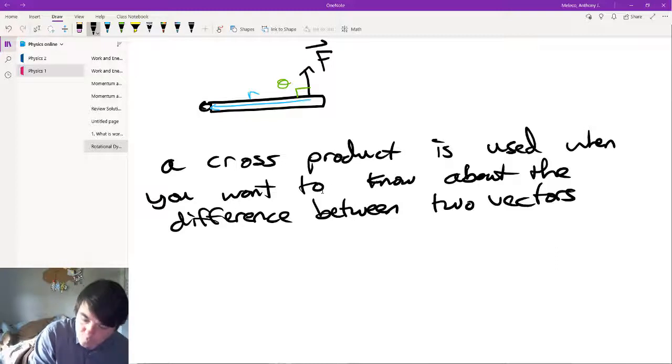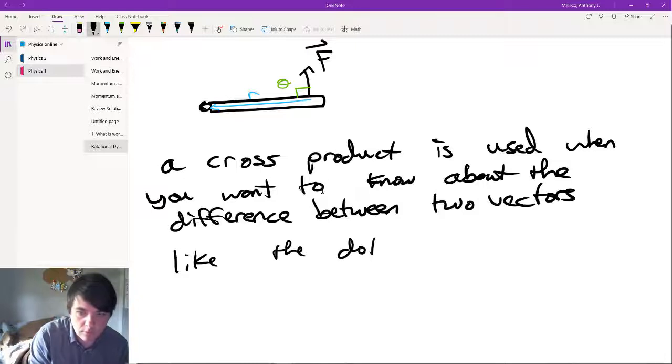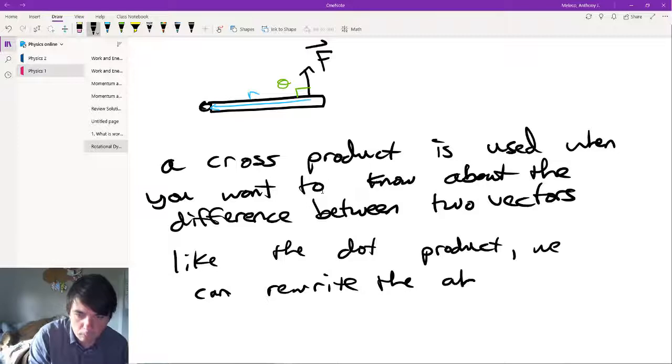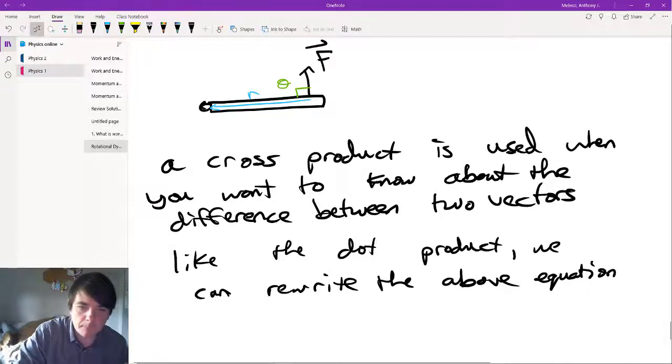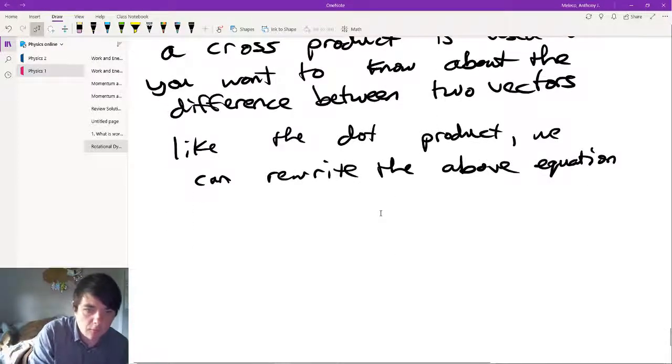So like the dot product, we can reduce the equation. We don't actually need to solve for the cross product.